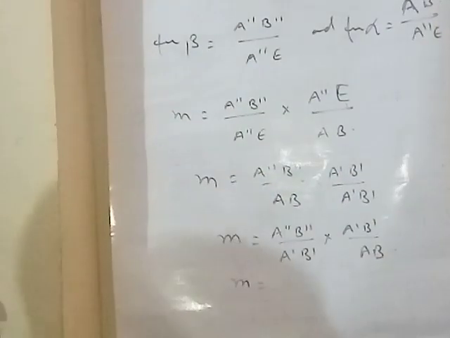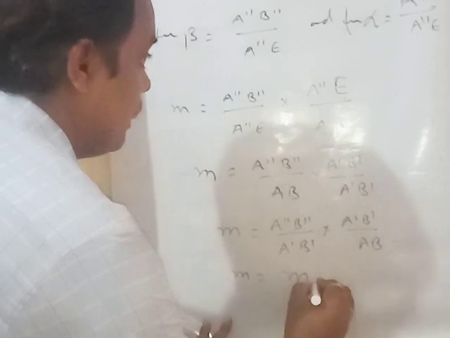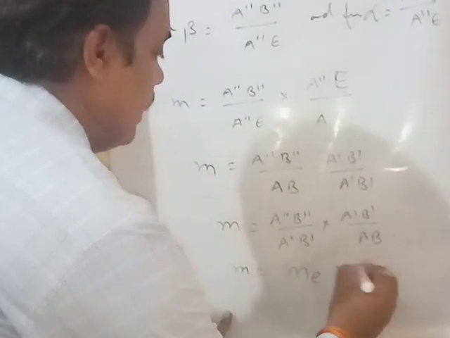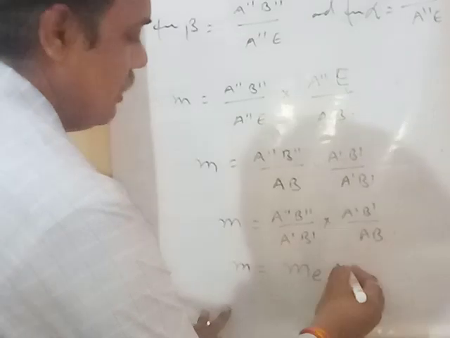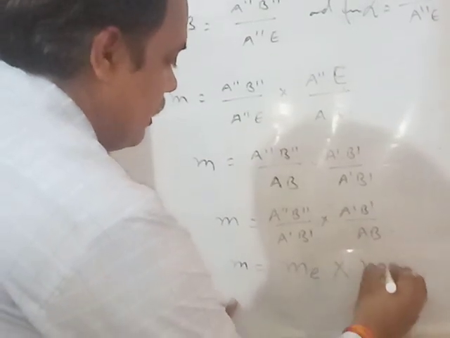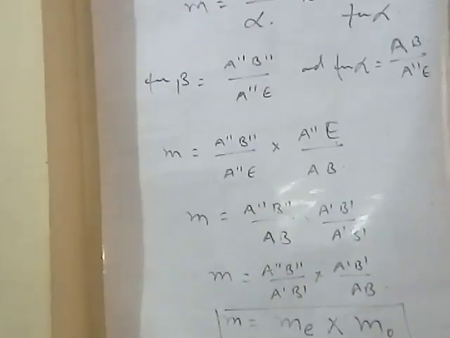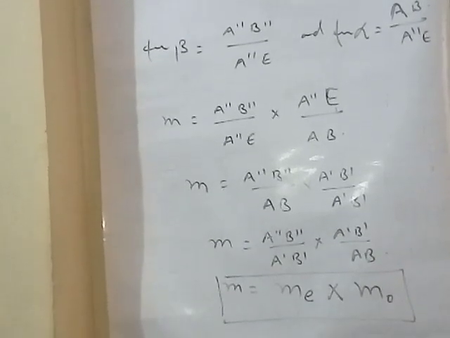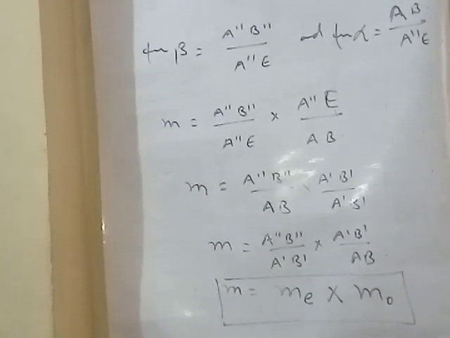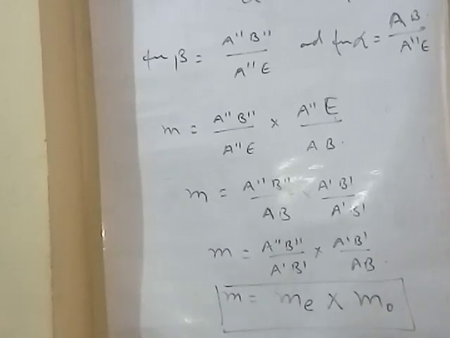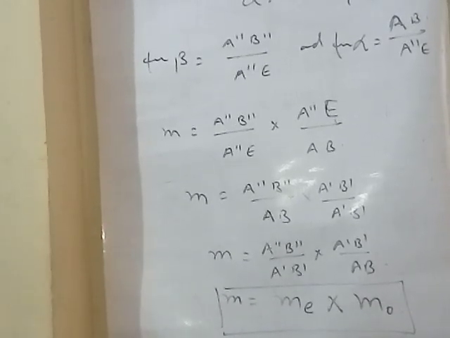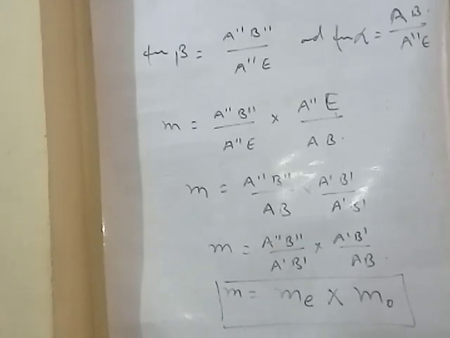This A double dash B double dash upon A dash B dash is named the magnification produced by the eye lens, and A dash B dash upon AB is termed the magnification produced by the objective. Therefore, the total magnification of the compound microscope is the product of the magnification produced by the eye lens and the magnification produced by the objective, or the magnification produced by the objective multiplied by the magnification produced by the eye lens.